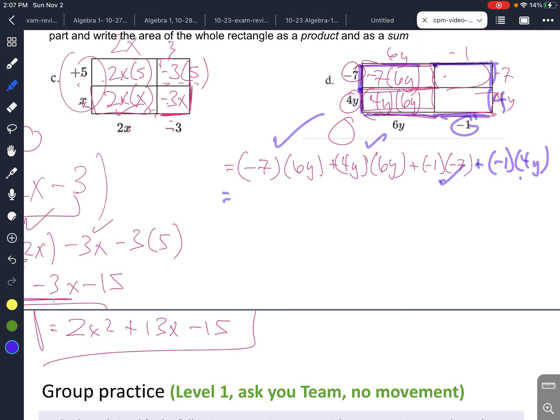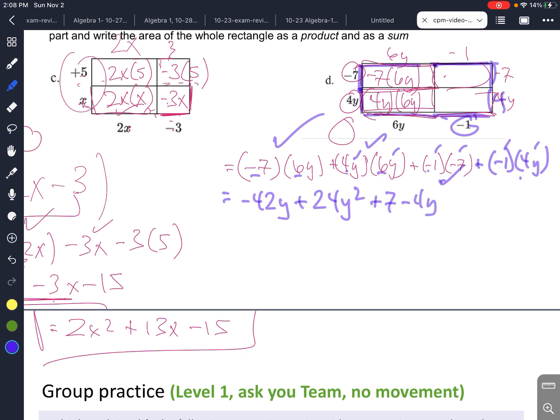So here, -7 times 6 is -42y. I got 4 times 6 is a plus 24, and y times y is y squared. A -1 times a -7 is a plus 7, and a -1 times a 4y is a -4y.